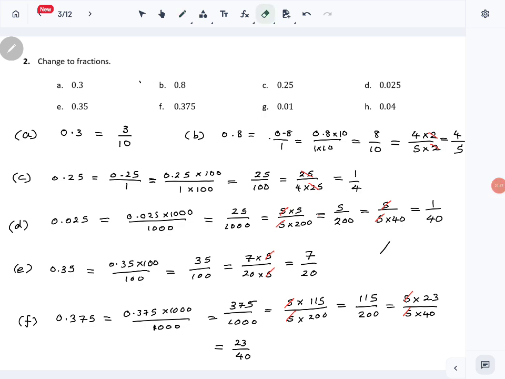Let's see. What's the mistake here? I got 23/40, no? So that is wrong. So what's the mistake I made? This one. This is not correct. 375 is not 5 into 115. It's 5 into what? 5 into 75, no? 5 into 75. Yes, that's the mistake.